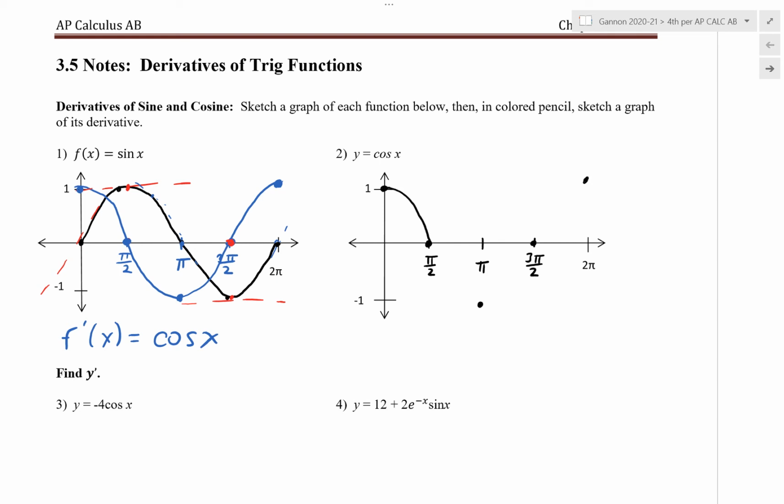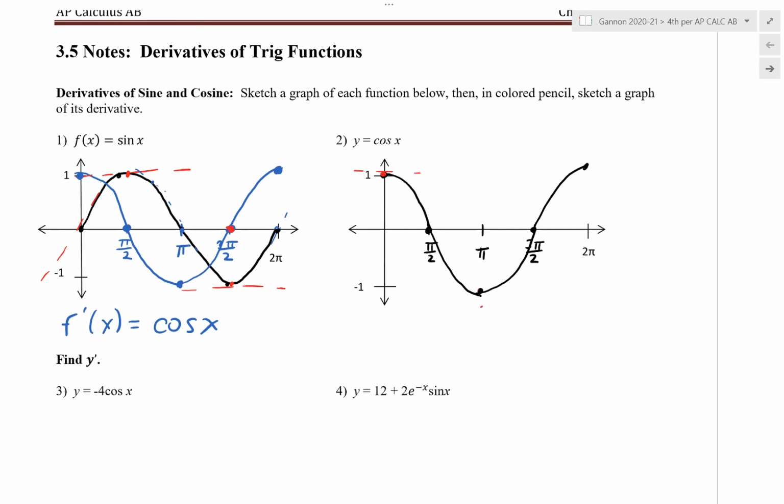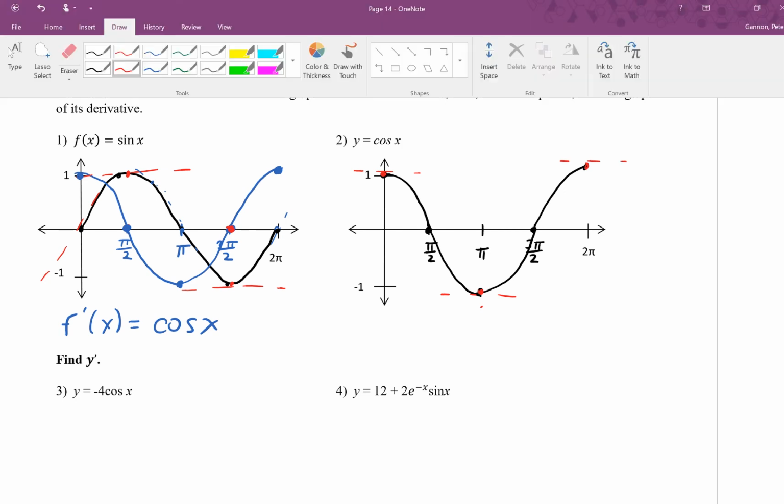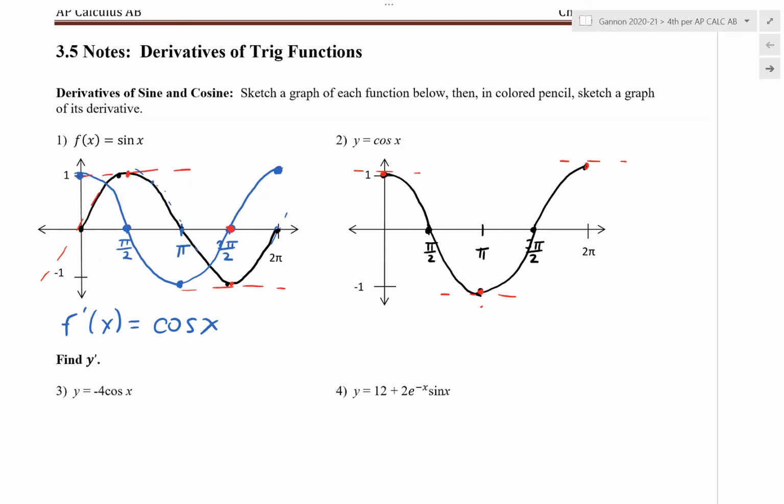So if you sketch that curve, the graph looks like that. And if you follow that same idea of a pattern, there's a horizontal tangent here, there's a horizontal tangent here, and a horizontal tangent there. So those are all going to represent points of our derivative. The derivative is going to be 0 at 0, it's going to be 0 at pi, and it's going to be 0 at 2 pi.